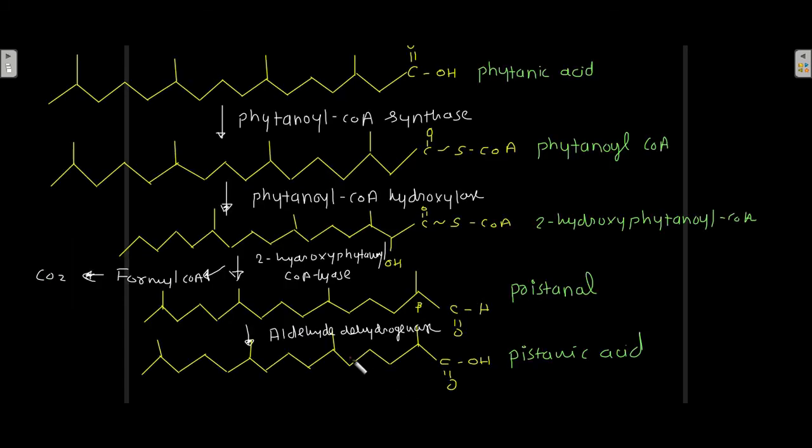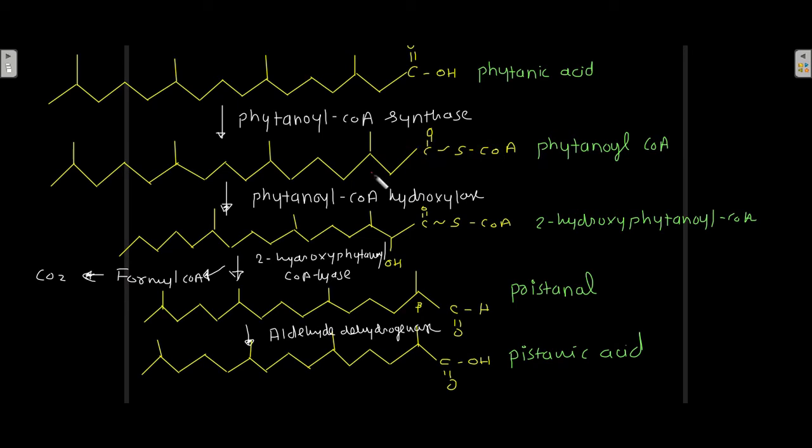So this is how the phytanic acid alpha oxidation pathway looks. You start with phytanic acid, then you subject it to phytanoyl coenzyme A synthetase, then you will get phytanoyl coenzyme A. OH is removed and coenzyme A is attached here, as you can see.